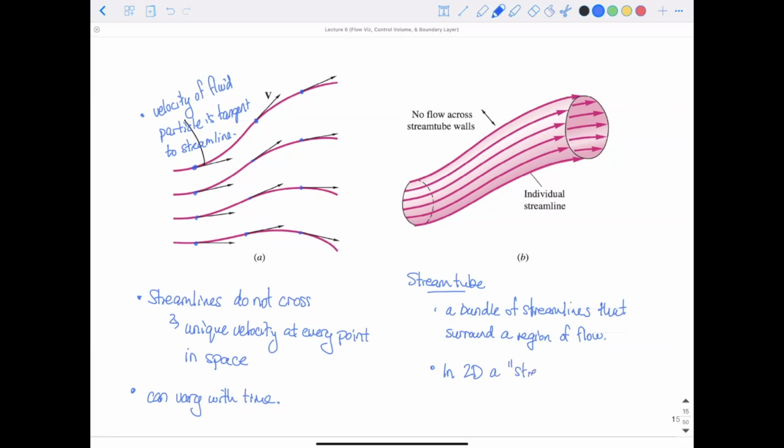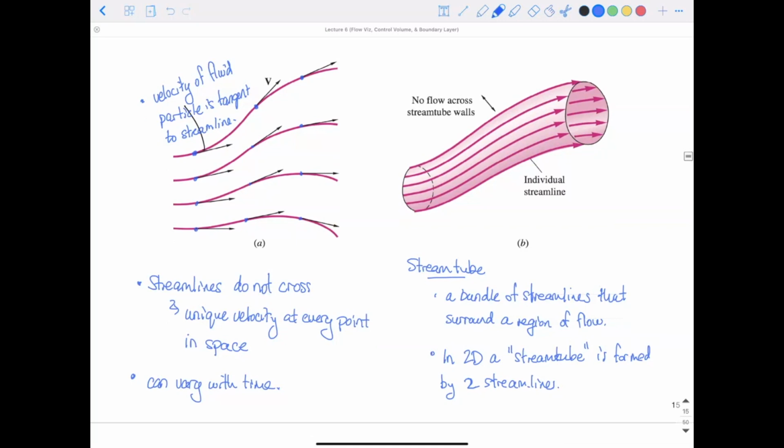If we look at the figure on the left-hand side, each of those streamline pairs could be a two-dimensional stream tube where the flow in between those streamlines is isolated from the flow outside, because the streamlines are never going to cross. The fluid is never crossing a streamline.